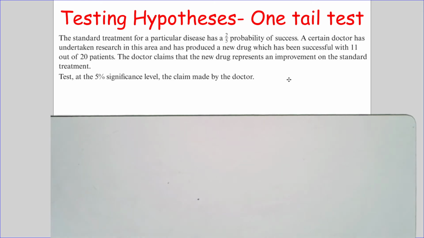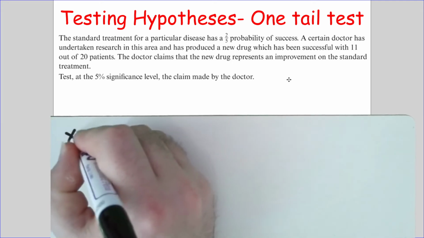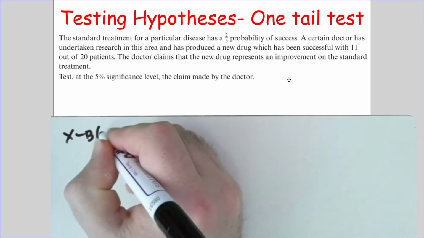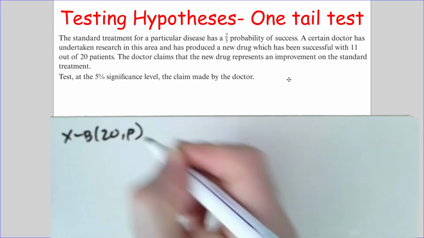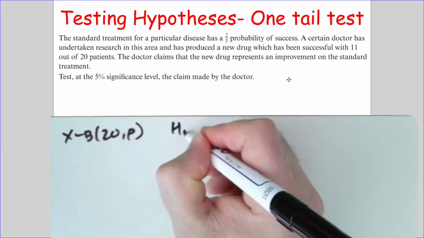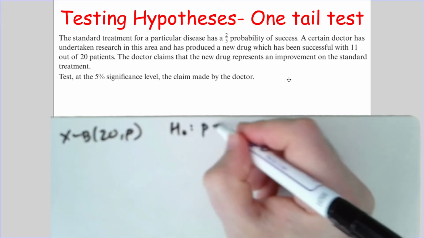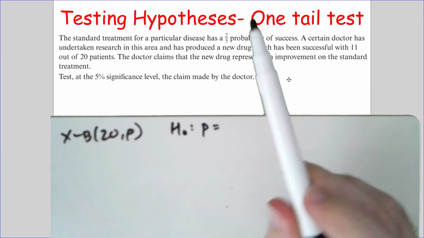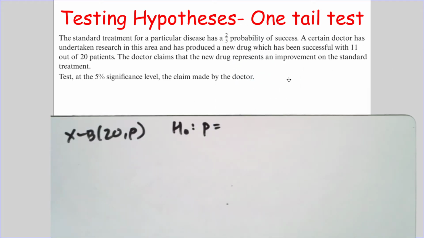So again, because there are 20 things, we're going to be using X is a binomial, 20, comma p. H0 is p equals, we're going to use our 2/5 from here as if nothing had changed.